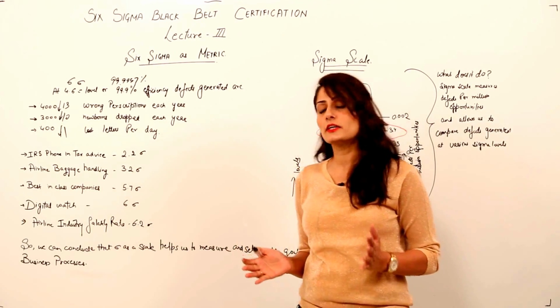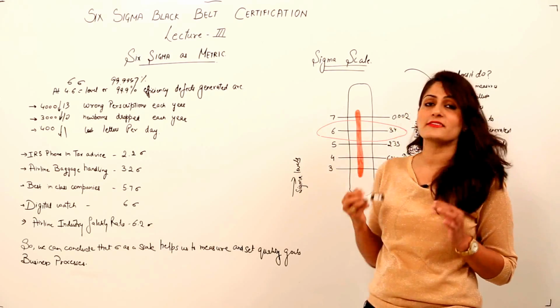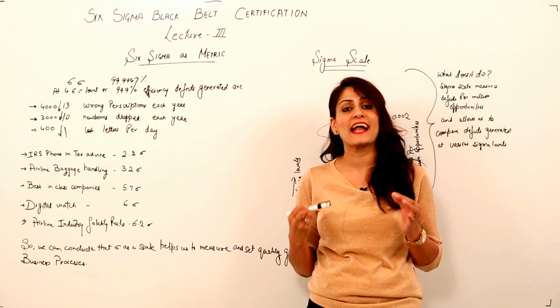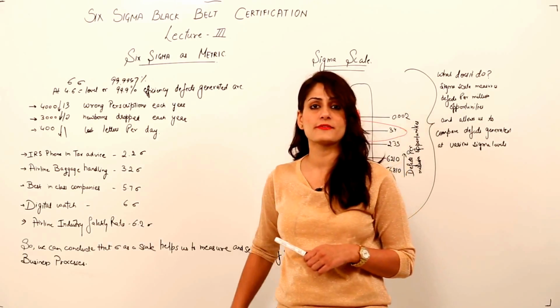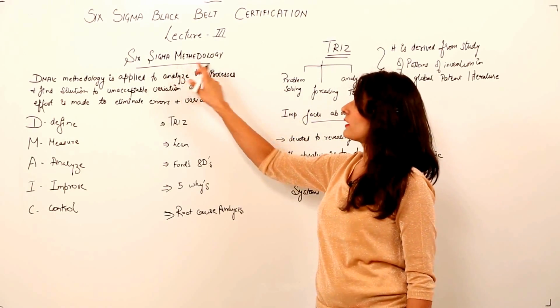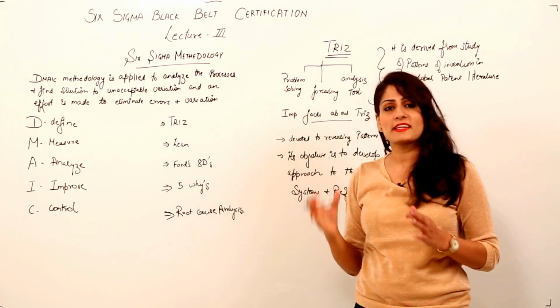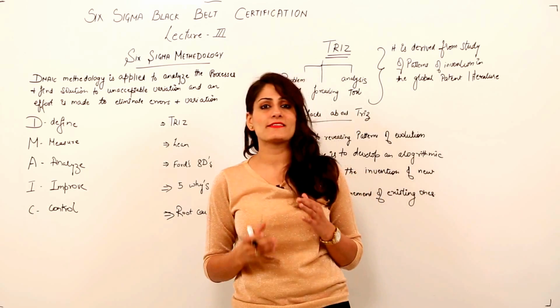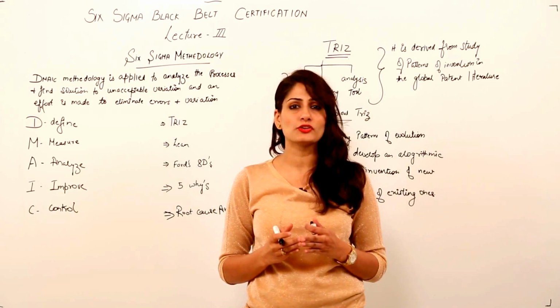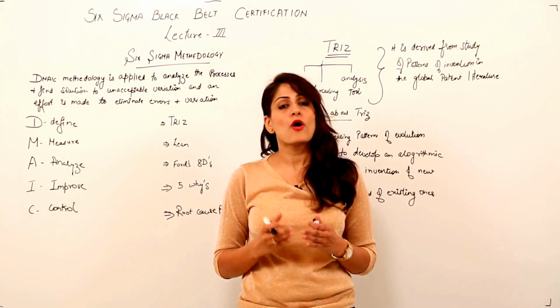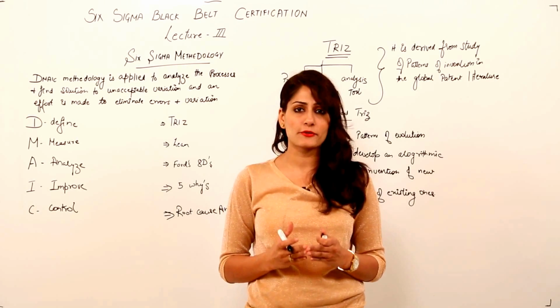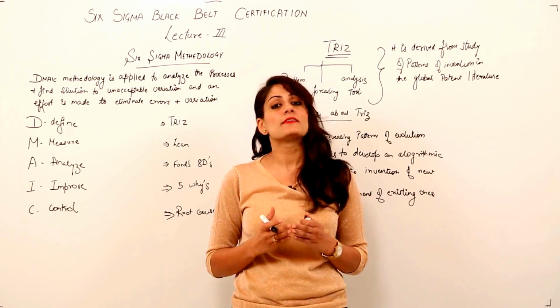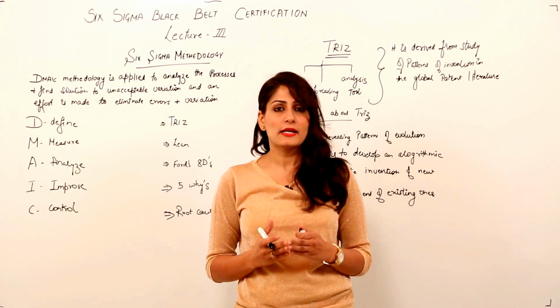So, we can conclude that sigma as a scale helps us to measure and set quality goals for our business processes. Let's start with 6 sigma methodology. As I told you, 6 sigma metrics, methodology and management system, all of them coexist. Same way, 6 sigma methodology is based on 6 sigma metrics.